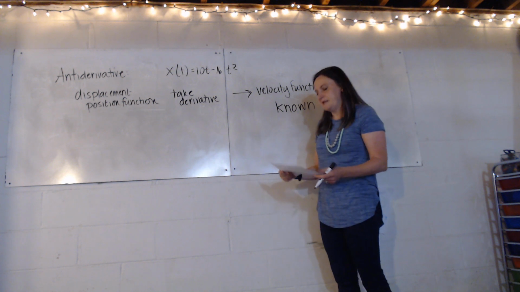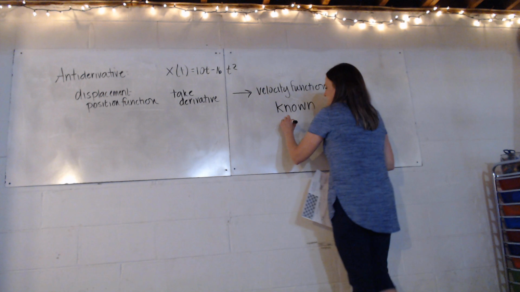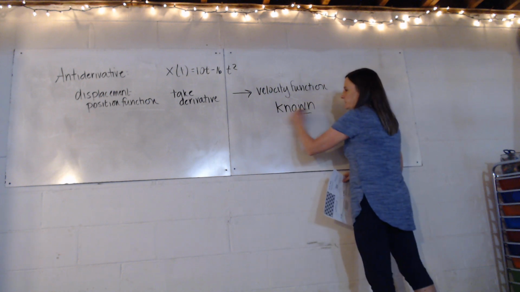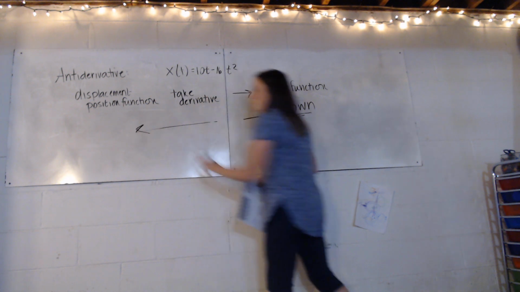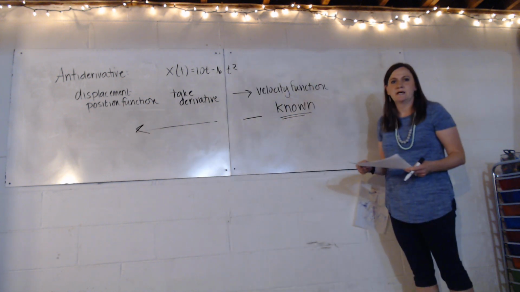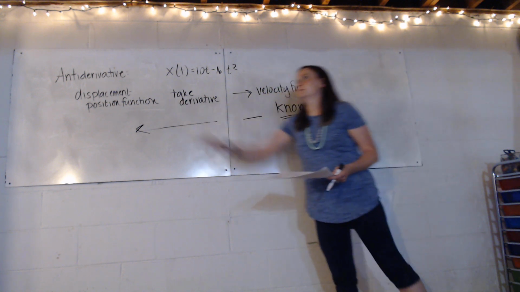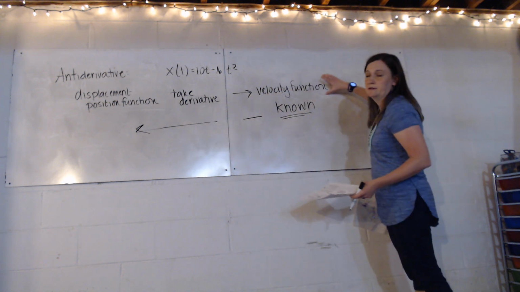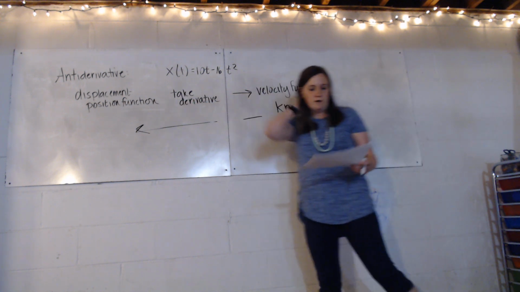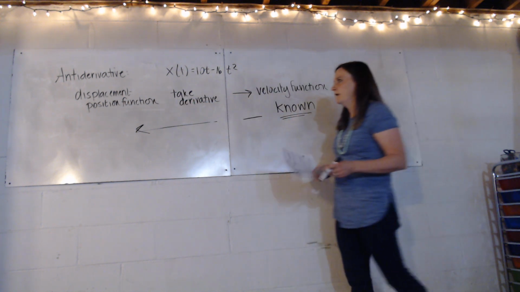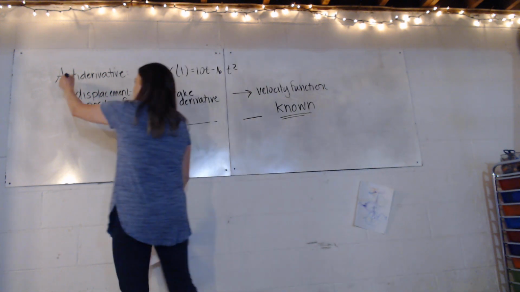So the antiderivative means we are given or known this thing, and we want to work back to our original function. That's the idea. So instead of being given my displacement or position function, I'll be given this thing, and then I ask you to find that. So if I am given the derivative, I want to find the original function, and that's the whole point of the antiderivative.